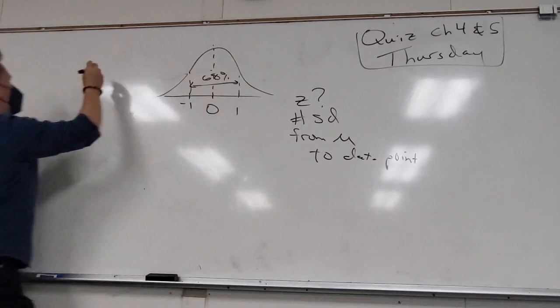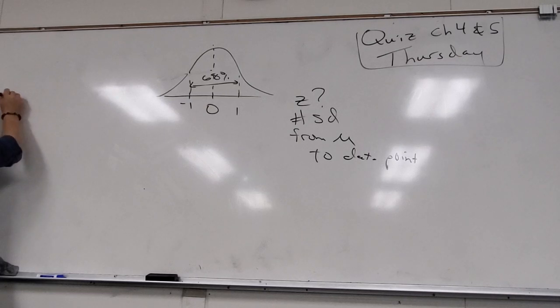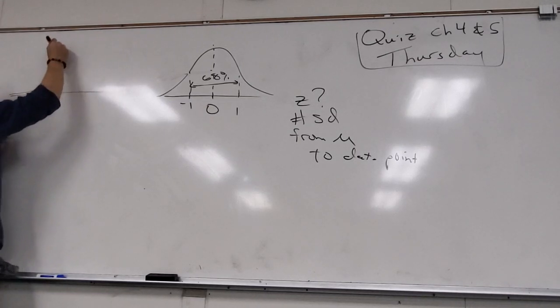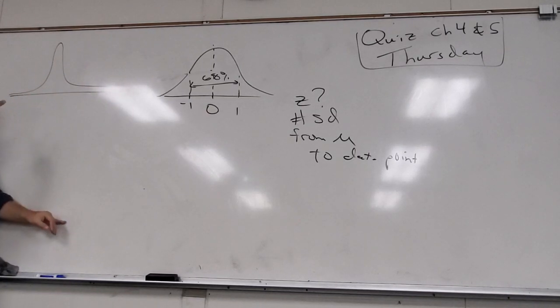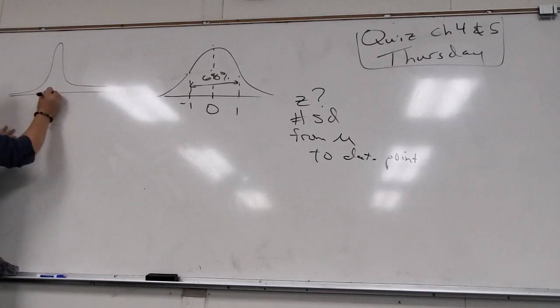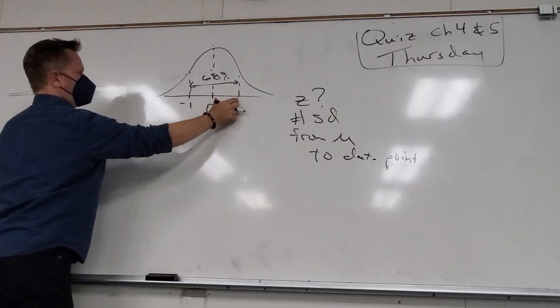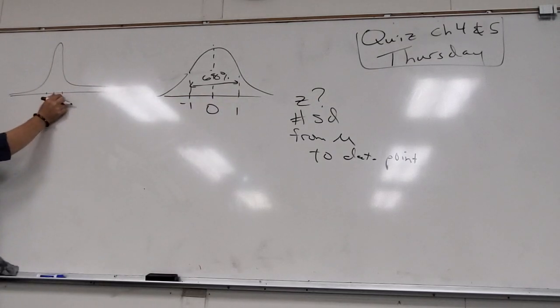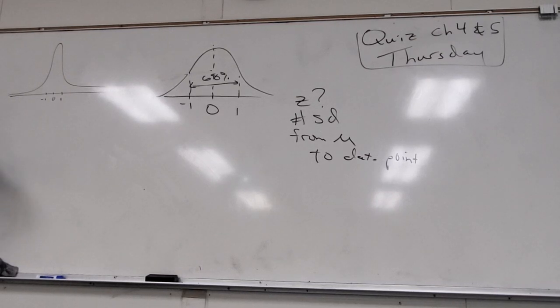68%. Again, if I have a distribution that is really, really skinny, it's still normal, and the standard deviation will be much smaller. This one is this big, this one is this big. You guys with me? The standard deviation is a measure of how spread out the distribution is.